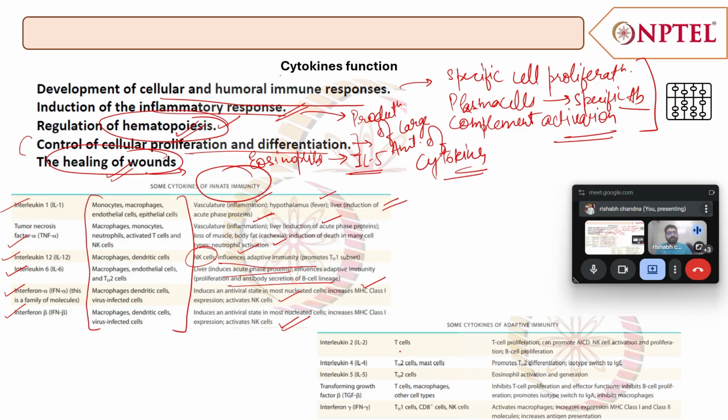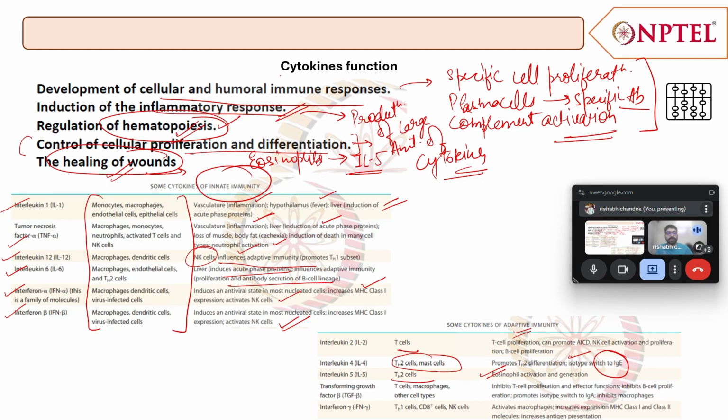Now, moving on to some of the cytokines of the adaptive immunity, we have IL-2 that is secreted from T cells, and its main function is T cell proliferation. Then IL-4, like I said, is secreted from Th2 and mast cells, helps in Th2 differentiation, and its main function is isotype switching to the IgE class. IL-5 is also secreted from Th2. Its major function is eosinophil activation and generation.